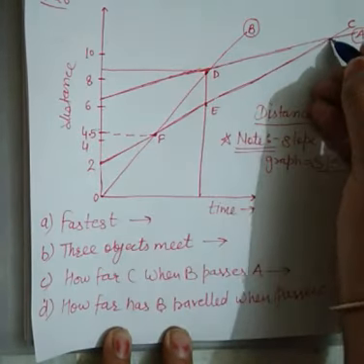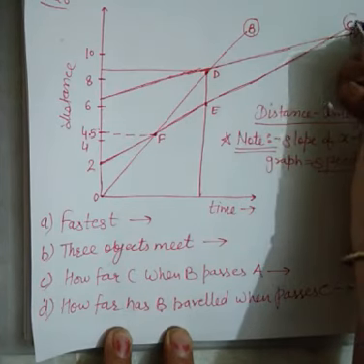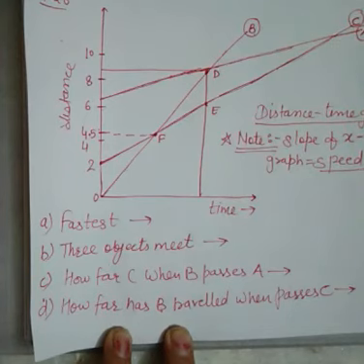It is the graph bisecting here and intersecting here, and this one is the graph for C. So there are 3 graphs for 3 different persons, that is A, B and C.